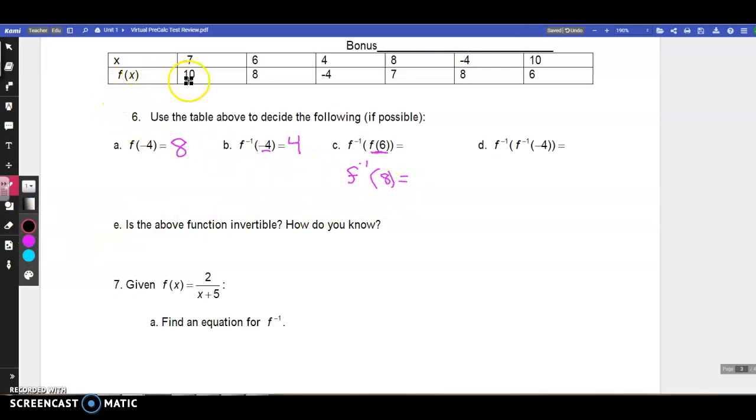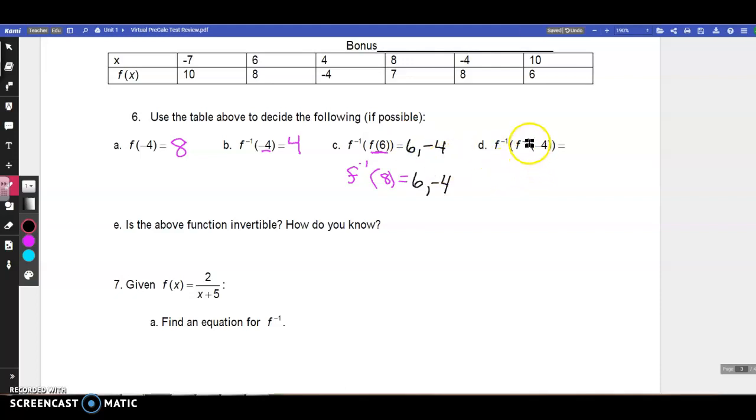So where do I have an output of 8? I have one here, and one here. So that means I have two answers here. So f inverse of 8 is either 6, but it's also -4. So that means f inverse of f of 6 is equal to 6, and it's equal to -4. We have two solutions there.